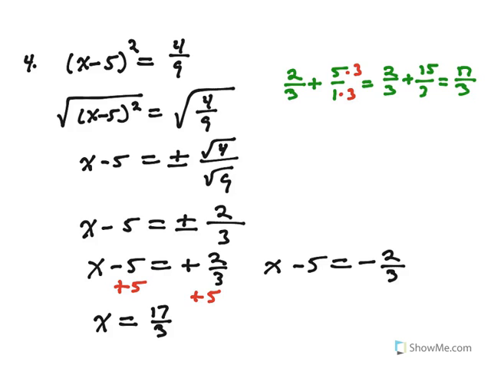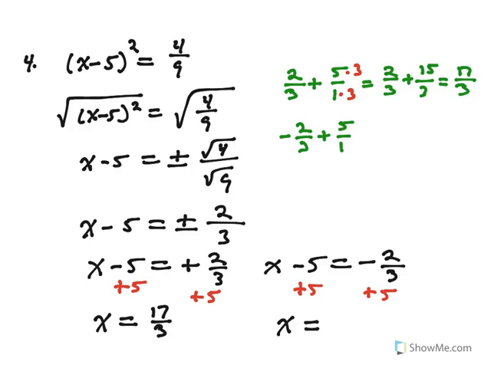And then here I do the same thing. I'm going to add 5. So then I just have x equals, and I just do the math up here. Negative 2/3 plus 5/1.